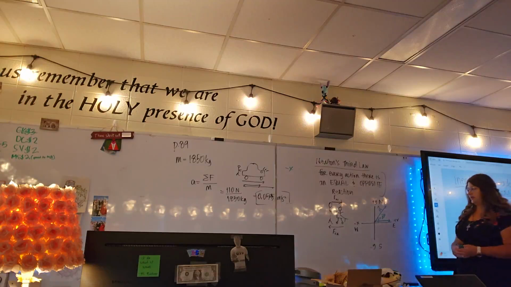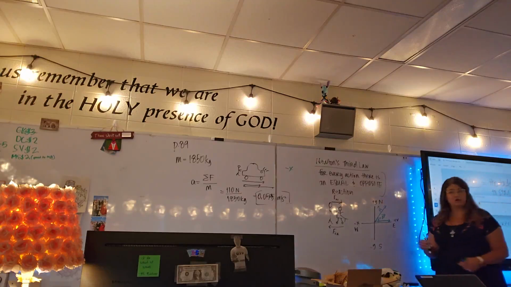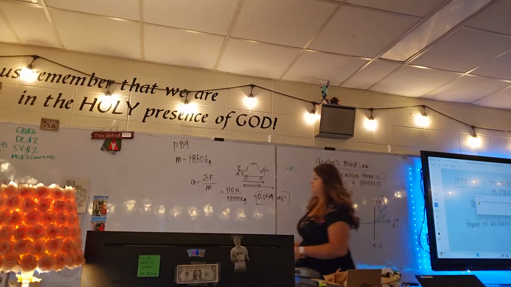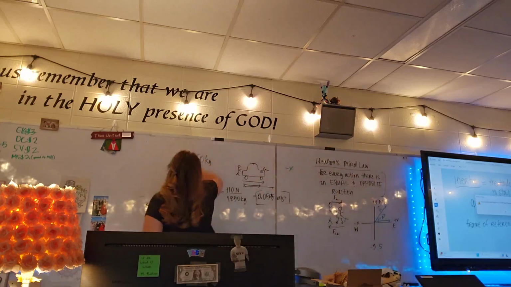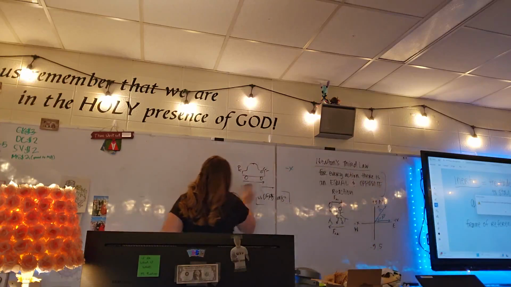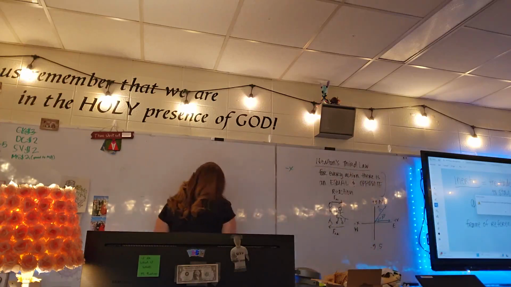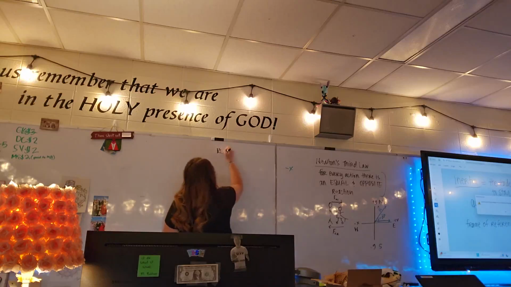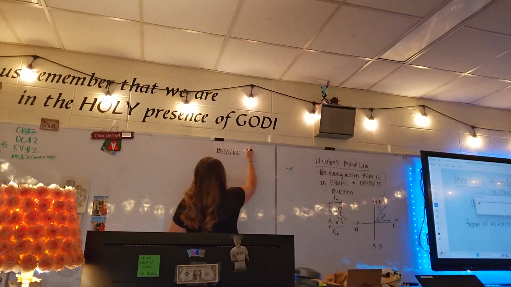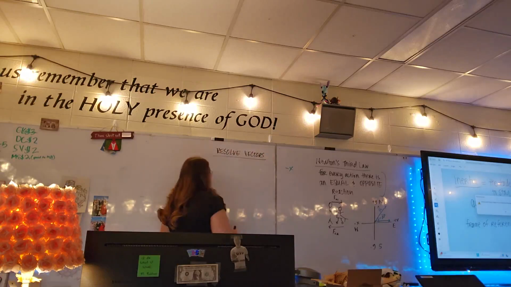But we're just calling it A. All right. So in order to add our vectors, we cannot add them like this. We cannot add them like this because we're not really comparing apples to apples unless we resolve those vectors.